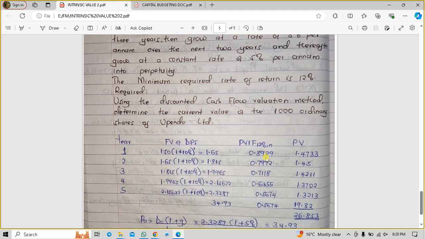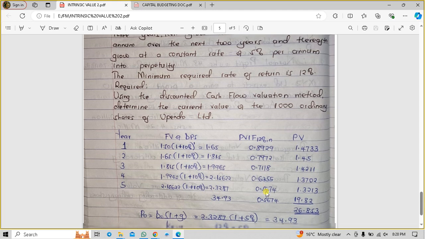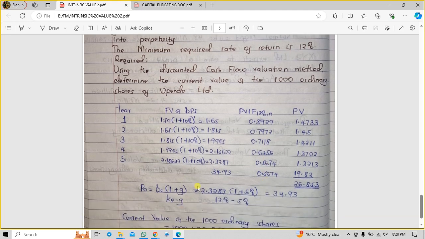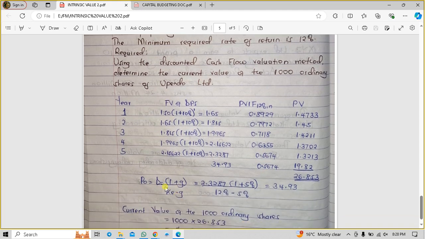So 1 plus 12% to the power negative 1, 2, 3, 4, up to 5. You're supposed to get that. For the price, we still do the same. D0 times 1 plus G over KE.